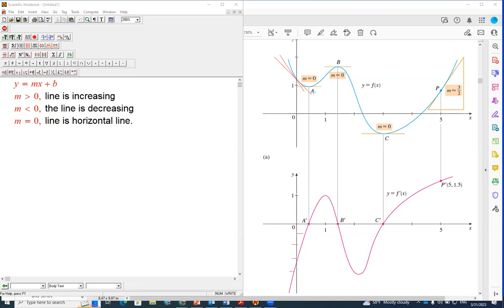Passing this point where the slope equals 0, the curve starts to increase, so you have positive slopes. These are positive slopes, until it reaches another plateau.